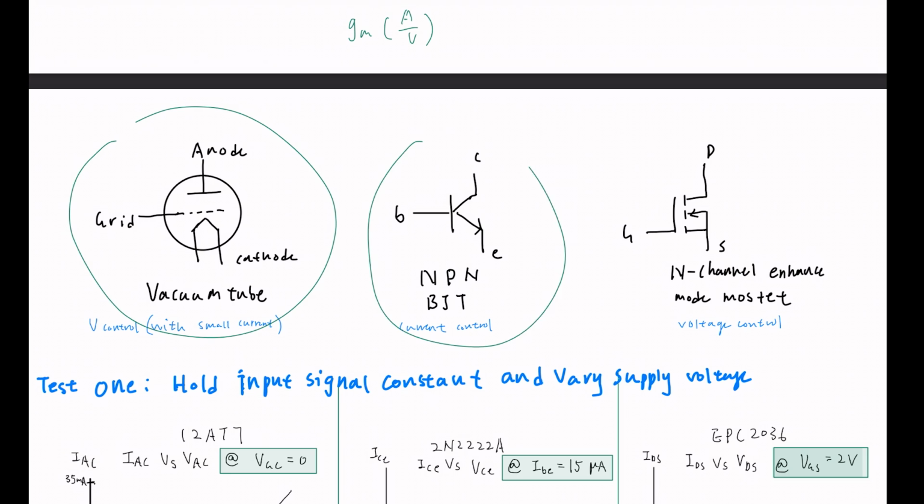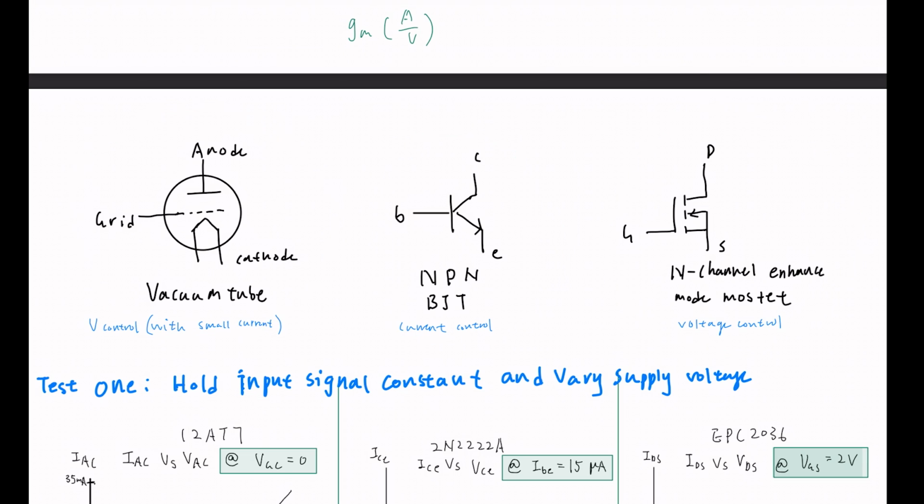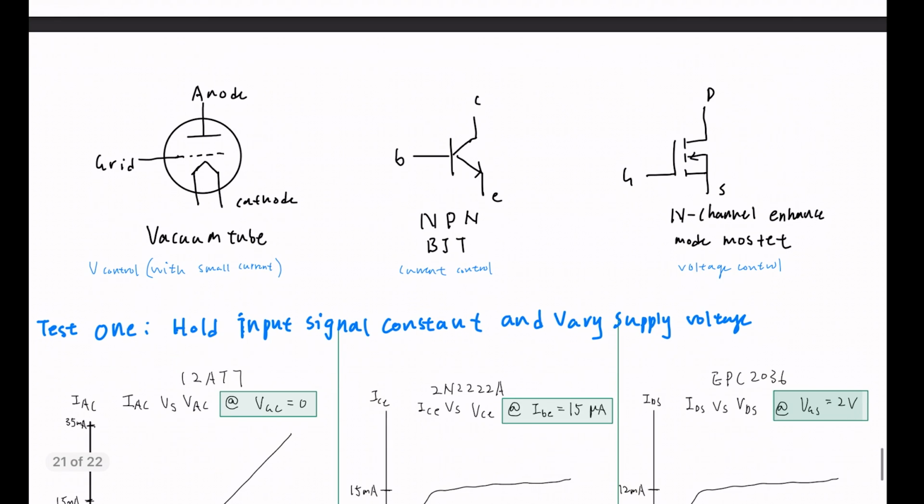And then we have BJT and MOSFETs, which are the two most common types of transistors. The vacuum tube, as we just talked about, is a voltage-controlled current source. The BJT is a current-controlled current source, while the MOSFET is similar to the vacuum tube. It is also a voltage-controlled current source.